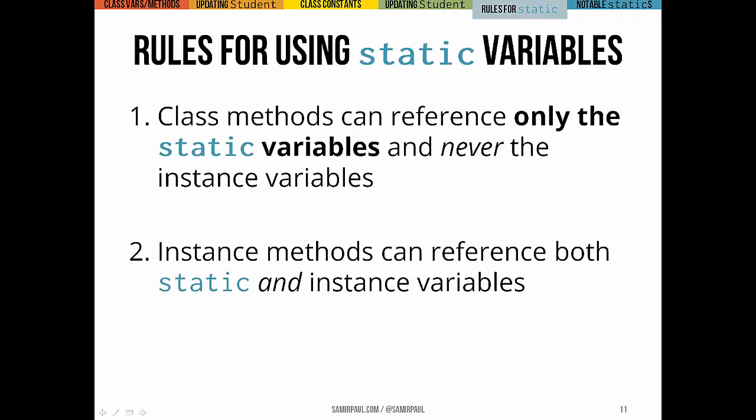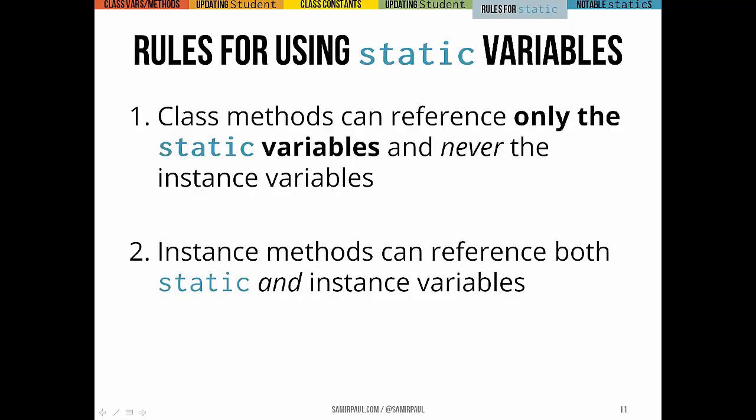There are two simple rules to remember when you're using static variables. First, class methods can reference only static variables and never an instance variable. That makes sense because a static method doesn't rely on any one particular instance of the class existing. If you haven't made a particular student object, it doesn't make sense for a static method to refer to an instance that might not exist.